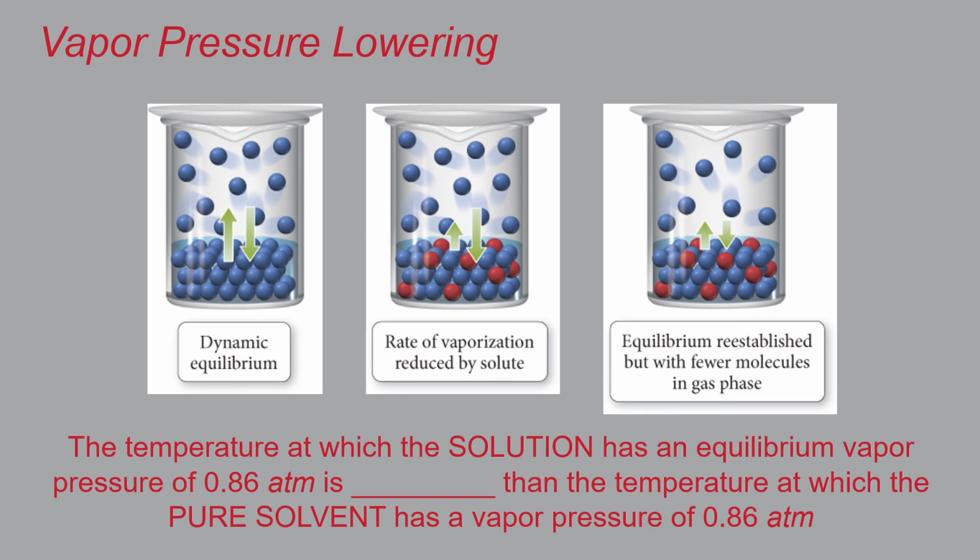So finish the statement. The temperature at which the solution has an equilibrium vapor pressure of 0.86 atmospheres is blank, greater, lesser, unchanged than the temperature at which the pure solvent has a vapor pressure of 0.86 atmospheres. And again, it's higher.